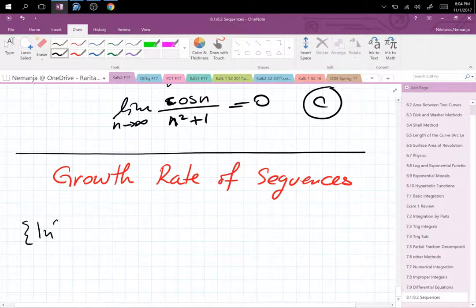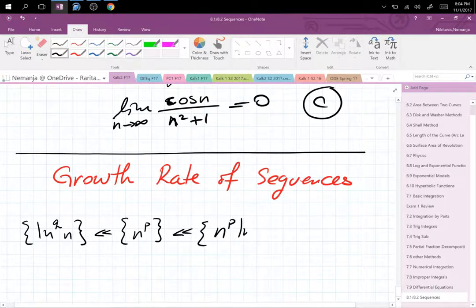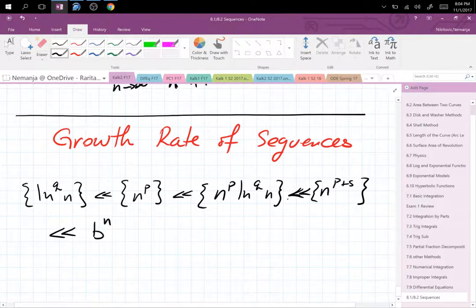The sequence ln n raised to some power q grows slower than the polynomial n raised to any power, which grows slower than the multiplication of the two, which grows slower than the multiplication of two polynomials when you add their exponents, which grows slower than the exponential one, which grows slower than the new one you haven't probably seen yet, the factorial one, which grows slower than the boss, n to the n.